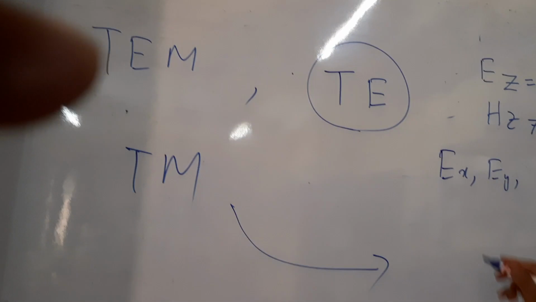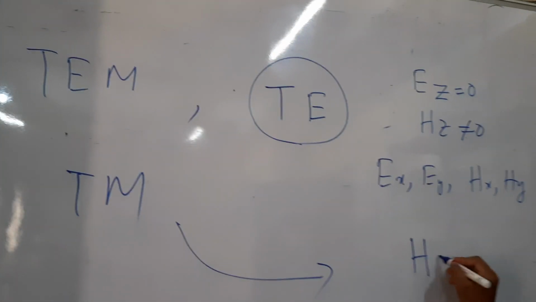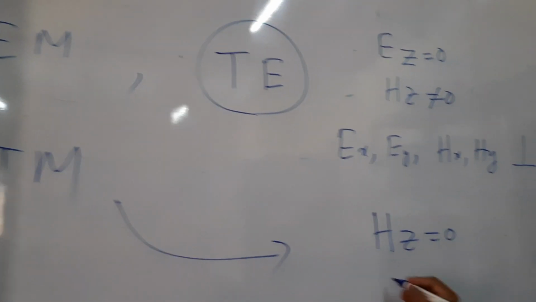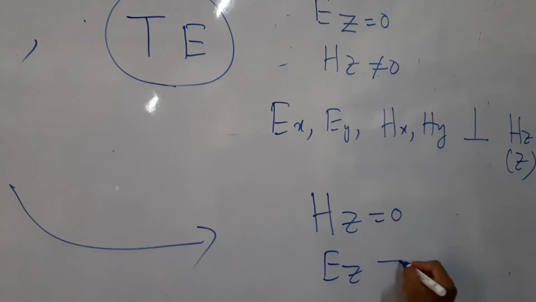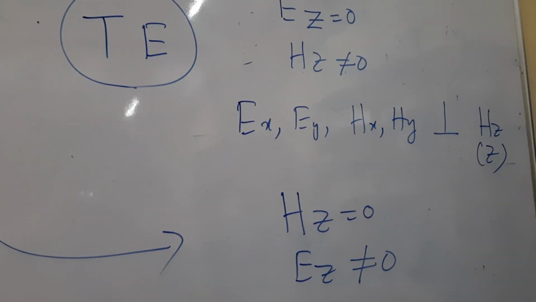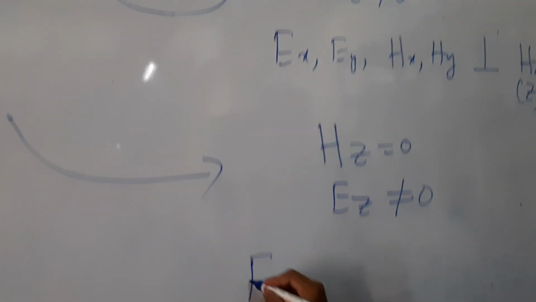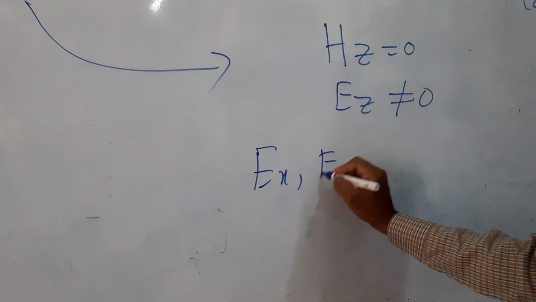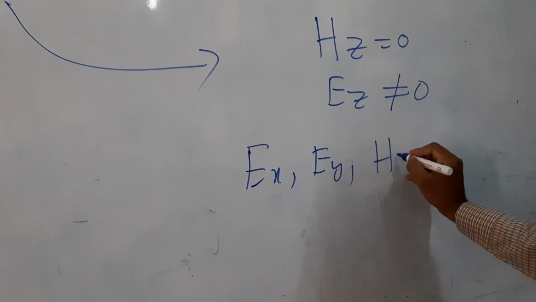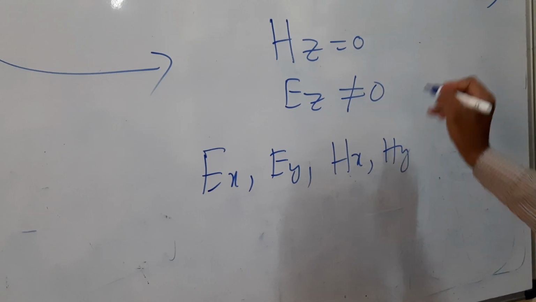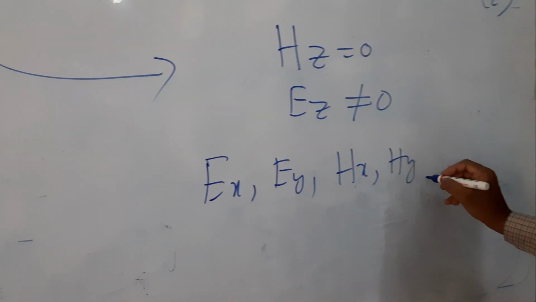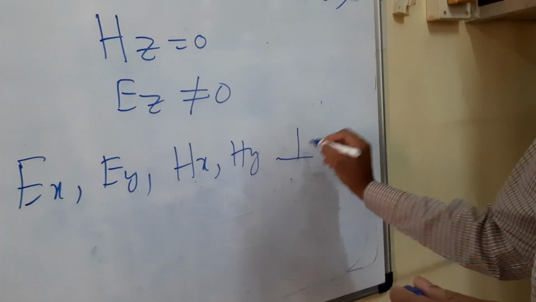In transverse magnetic mode, the Hz component is equal to 0 and Ez is not equal to 0, and the rest of the components Ex, Ey, Hx, Hy exist, and they are perpendicular to the direction of propagation.